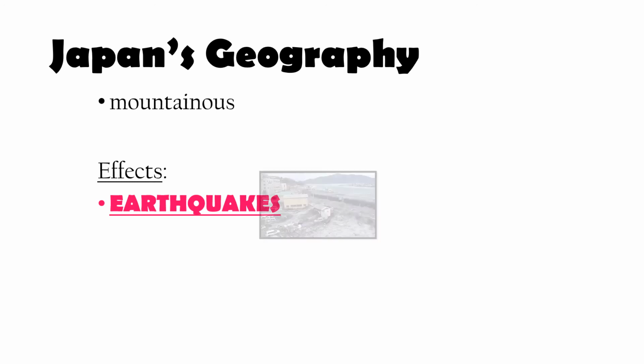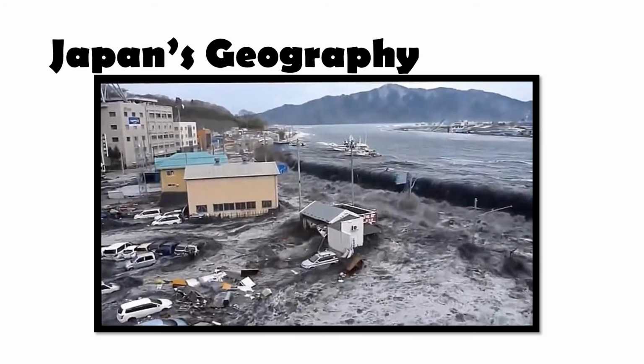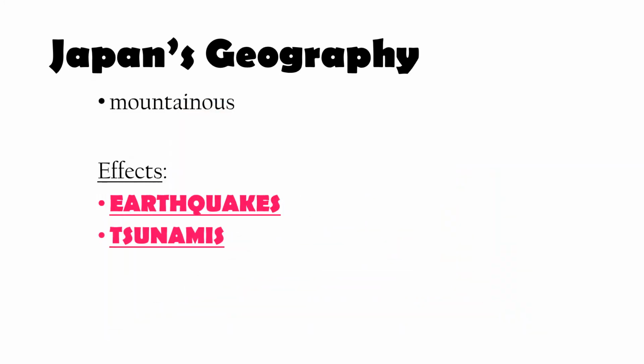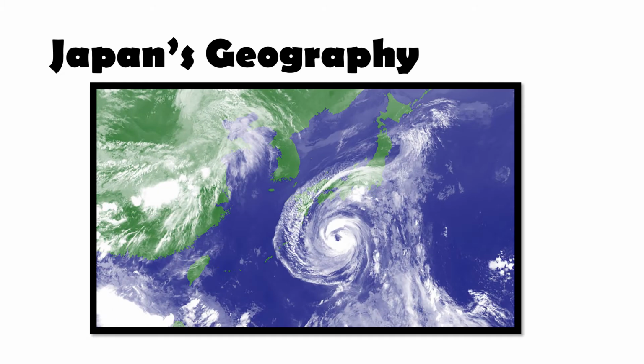There are also this. What we're looking at here is a tsunami. A tsunami, they are giant waves caused by earthquakes or volcanic eruptions under the sea. This is a picture showing you a typhoon, and it's a term used to describe a rotating, organized system of clouds and thunderstorms that originate in tropical or subtropical waters.